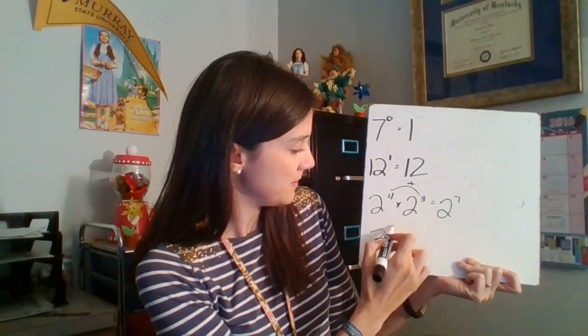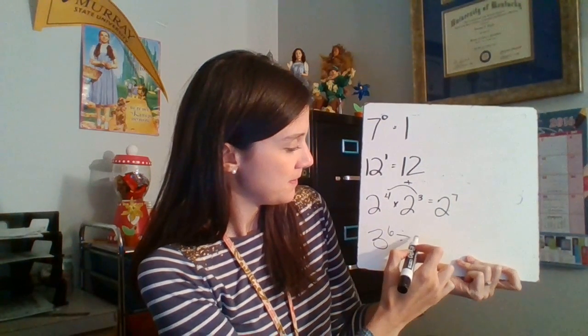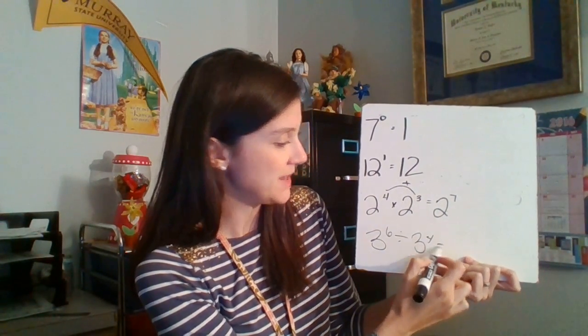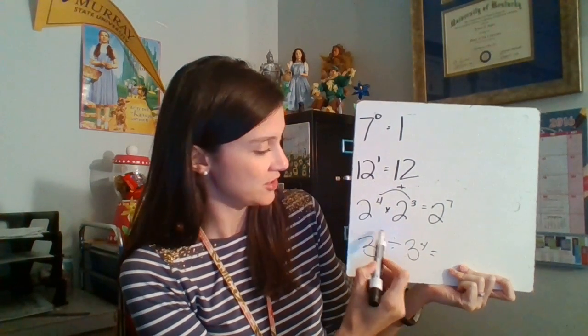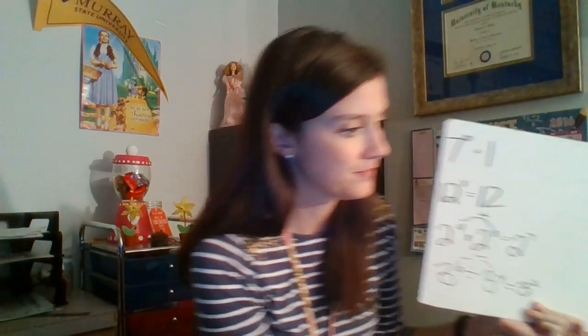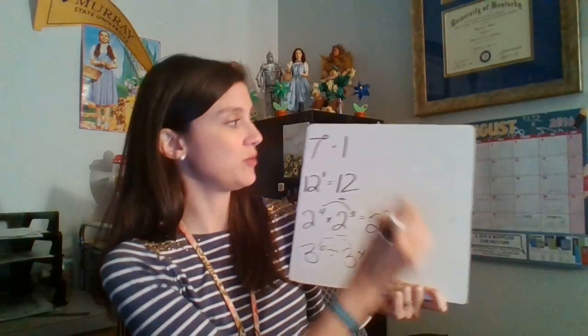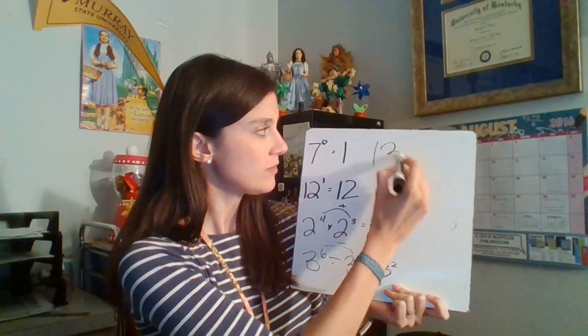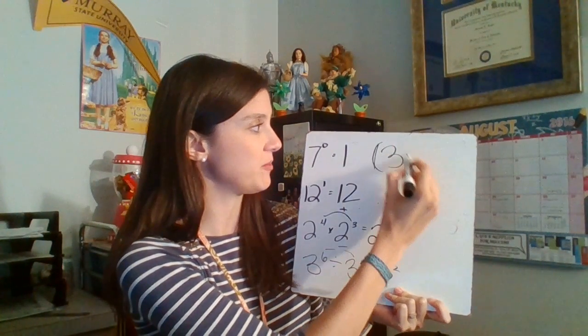3 to the 6th divided by 3 to the 4th. The bases are the same, so you can just subtract the exponents: 3 squared. The one after that has them outside in parentheses, so it's kind of like using the distributive property.